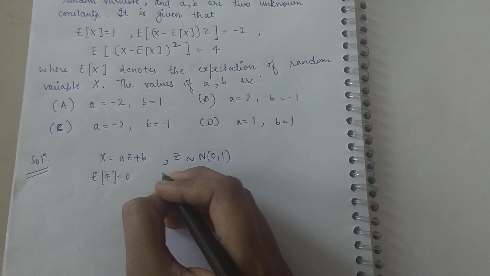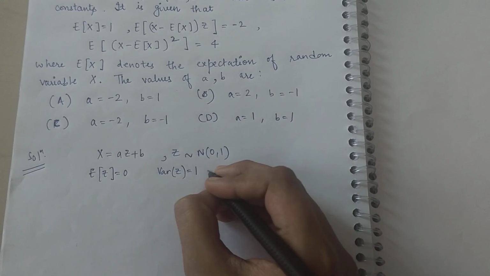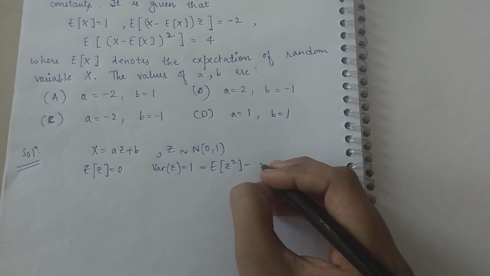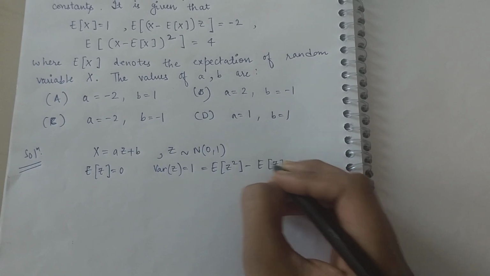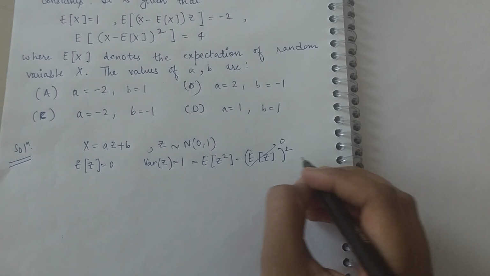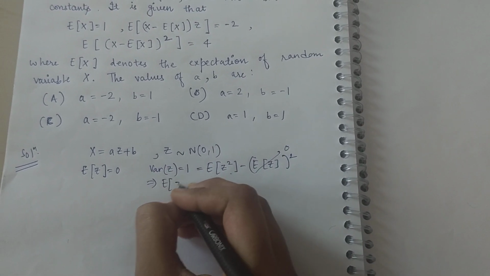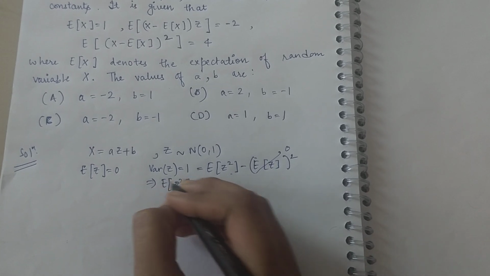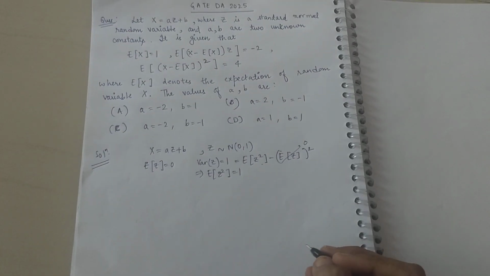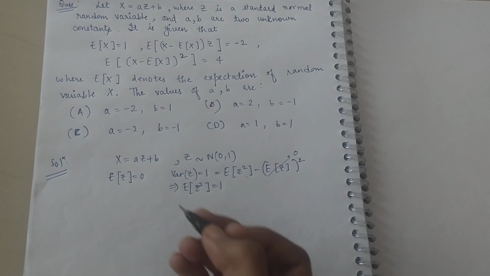And we can also find, since we know that the variance of z is 1, and the formula of variance is expectation of z square minus expectation of z whole square, since this term is 0, we can say that expectation of z square is 1. So we have some information regarding z, and we are given some other expectation values as well.